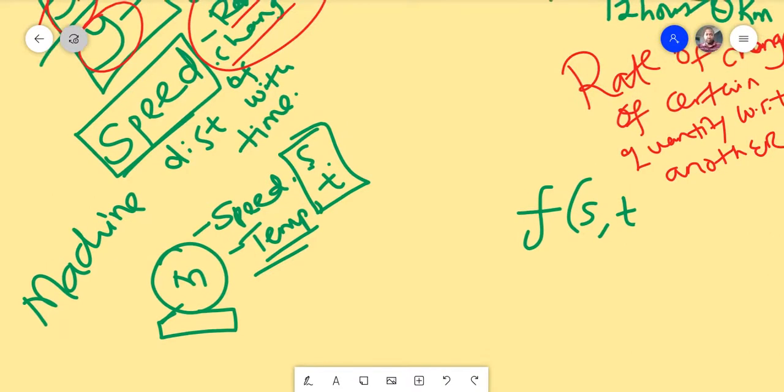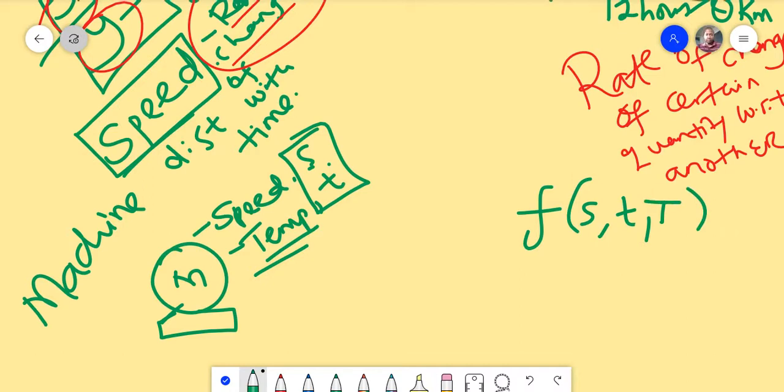Now that I've already used T, for time I'll use capital T. So these are my variables: I have speed, I have temperature, and I have time.